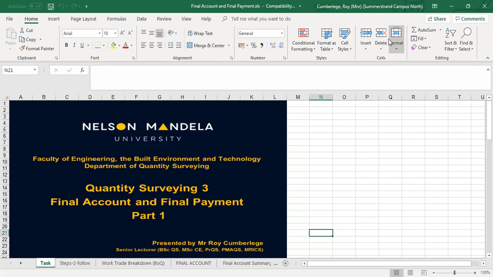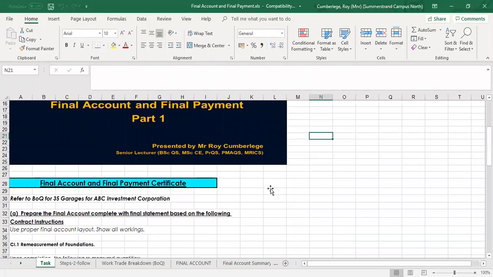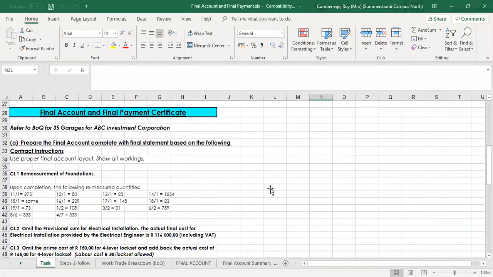But at a point, you need to wrap up the final account, signed by the employer and the contractor, and then based on that account, we will issue a final payment certificate. So let's look at the actual task, where we've identified contract instructions.